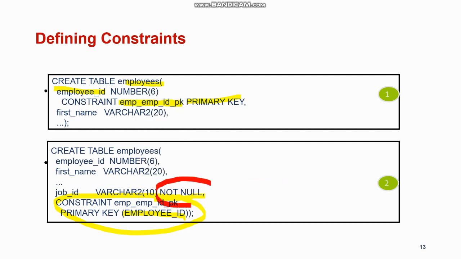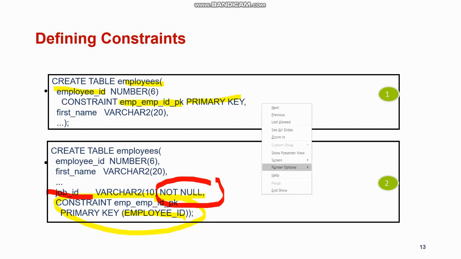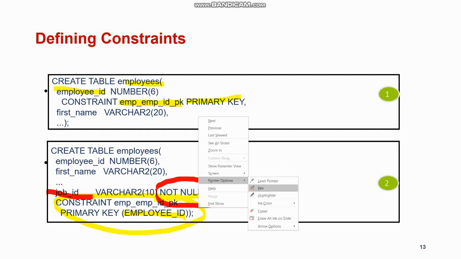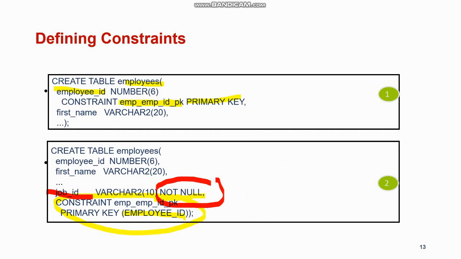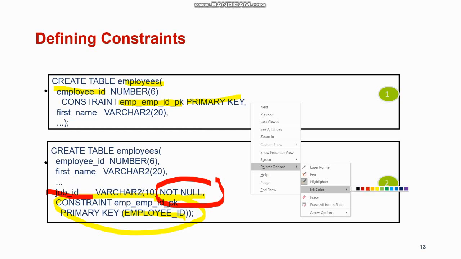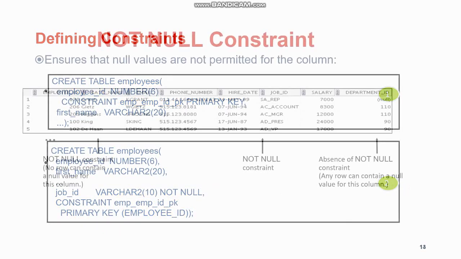Not null is given along with the job ID. Job ID is varchar2 of 10, that is the data type and size, and the constraint set here is not null. So in this table we have two constraints. One is the primary key, which is highlighted in yellow, and the second one is not null, highlighted in red. These are the two constraints used in this table.